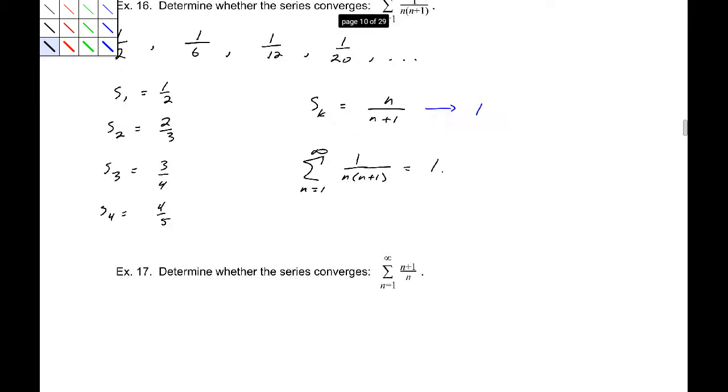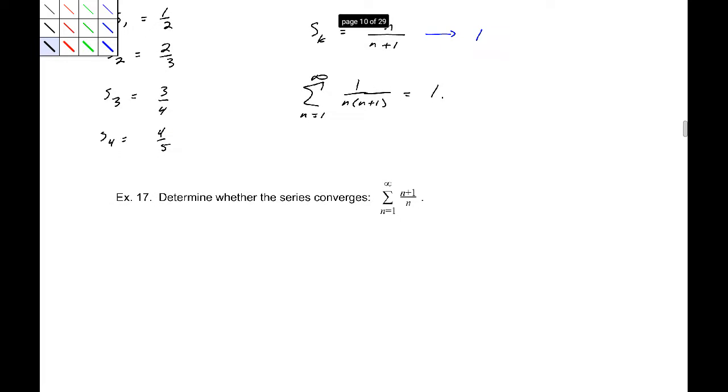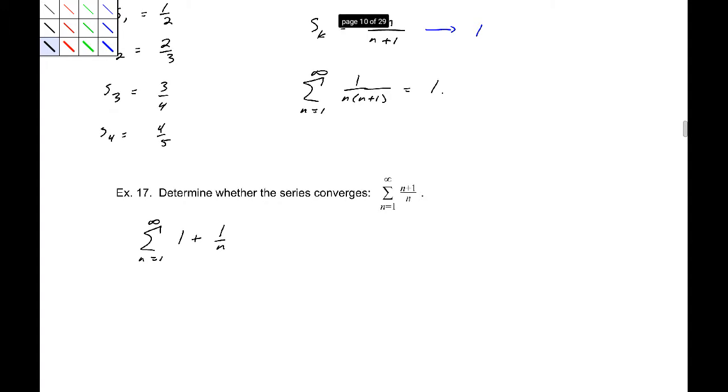Okay. Let's determine whether this series converges. All right, well, that series, first I'm going to rewrite this. This is 1 plus 1 over n. All right, so our first term is 2.